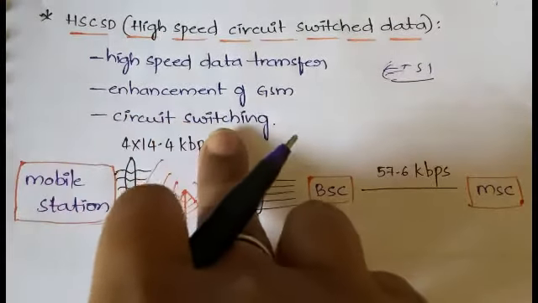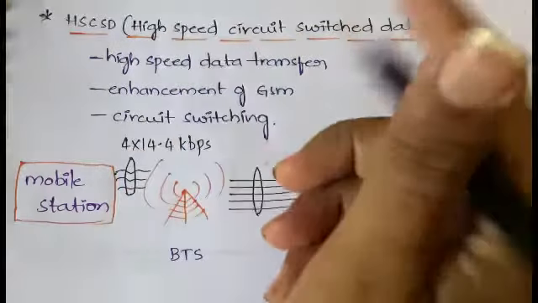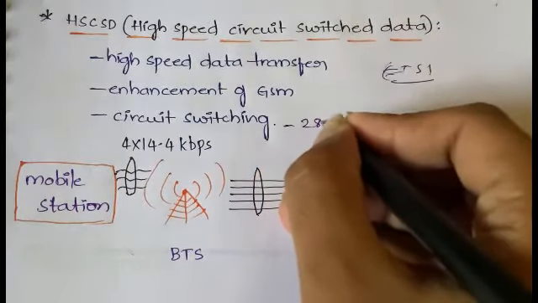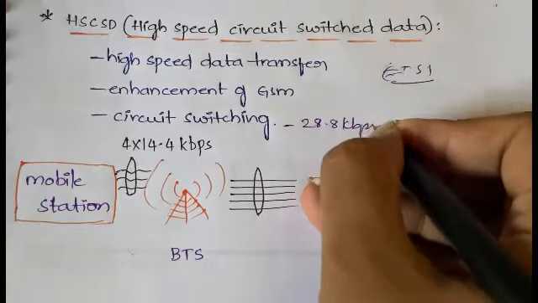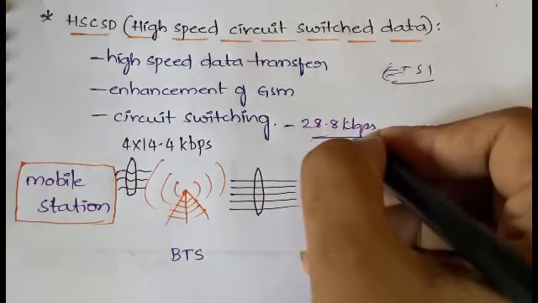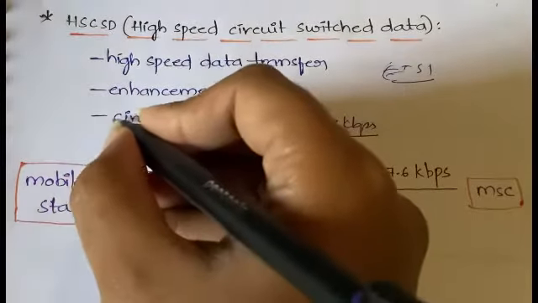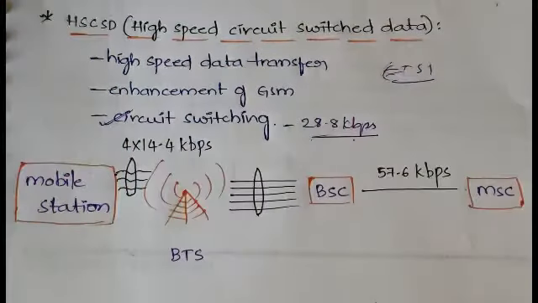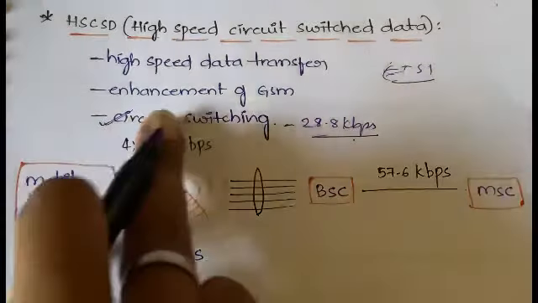Here we follow circuit switching with a speed of 28.8 kbps, whereas in GPRS we followed the method of packet switching. And it is an enhancement of the GSM network.